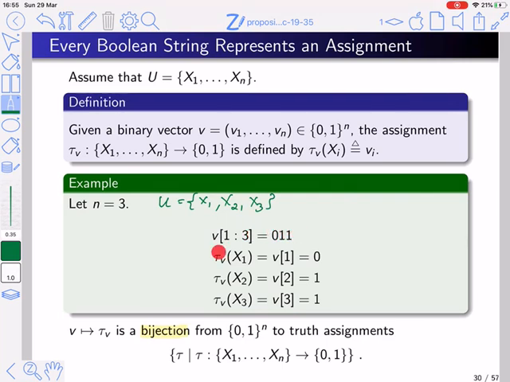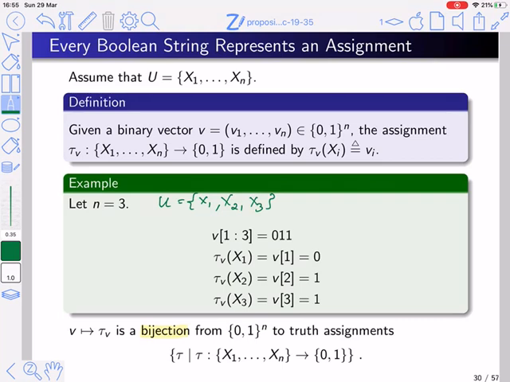So, tau v of x1 is the first bit, 0. Tau v of x2 is the second bit, 1. Tau v of x3 is the third bit, 1. So I get a truth assignment over the three variables x1, x2, x3, which is defined by the binary vector v.